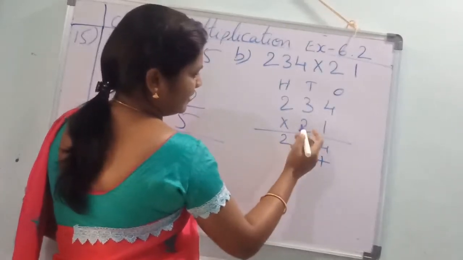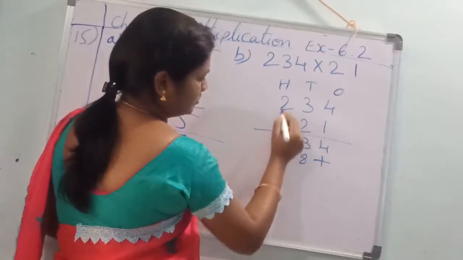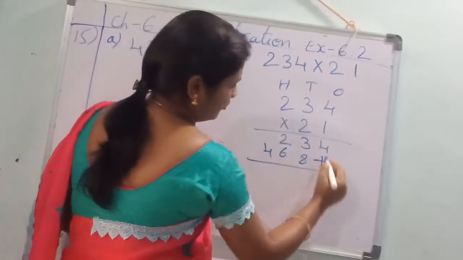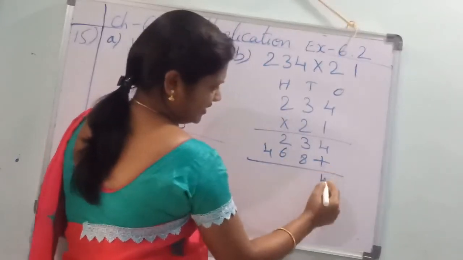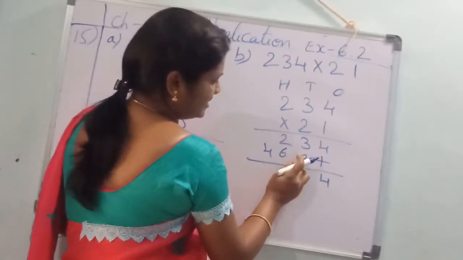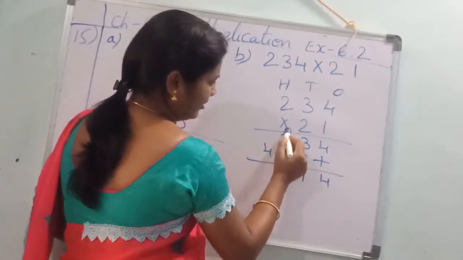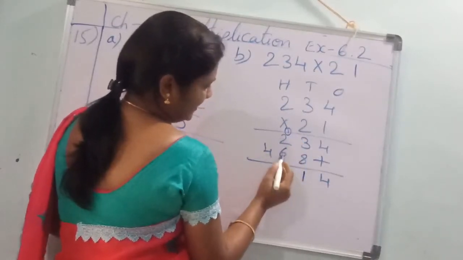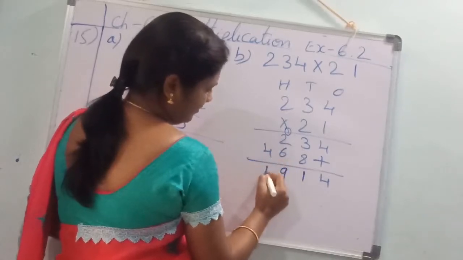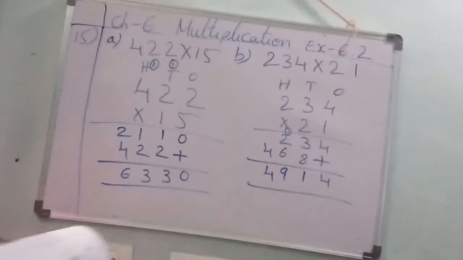Tens place, 2 4s are 8, 2 3s are 6, 2 2s are 4. 4 plus any number is there? No, nothing is there, that's why 4. 8 plus 3, 11, 1 here, 1 carry forward. 6 plus 2, 8. 8 plus 1, 9. Here, 4. 4,914.